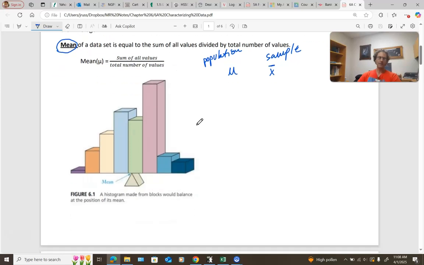Now, geometrically, if you have a histogram, what the mean denotes is the center point, or in other words, the point for which all this data in this histogram would actually balance. You can think about the mean as sort of like the fulcrum. It's essentially where you have just as much weight on one side as you have on the other side.